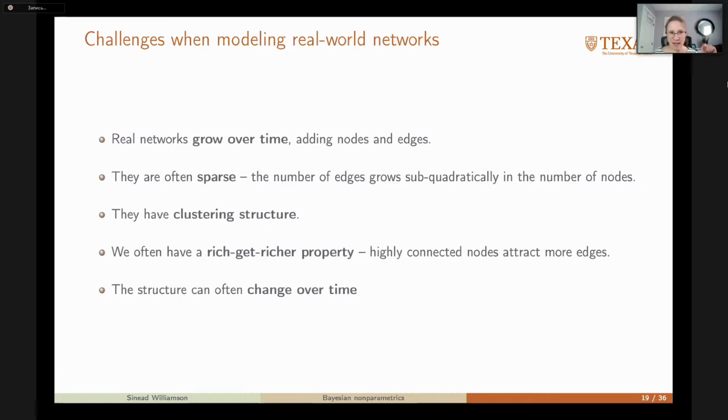Everyone tends to follow like Beyonce on Twitter, for example. And they evolve over time. Who is popular changes, who is interacting with who changes over time. So those are a lot of things to model. And we're going to try and get at some ways that we can use Bayesian nonparametrics to capture some of this sort of behavior.